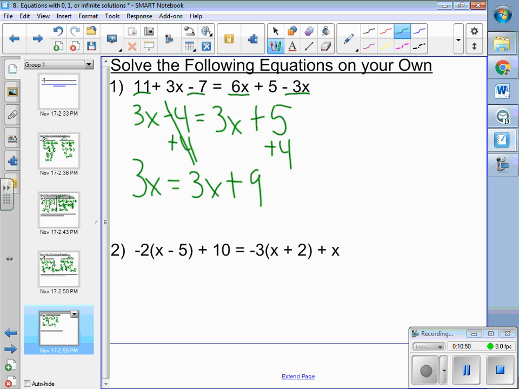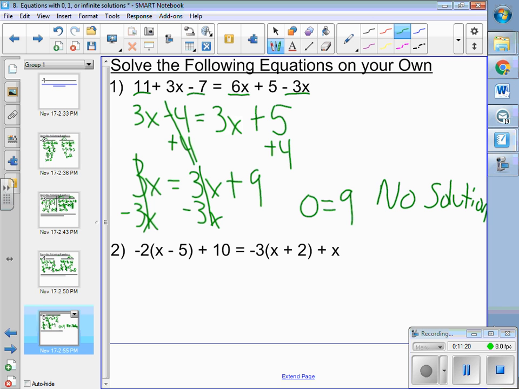Now let's get our variable terms together. So I'm going to subtract 3x from here, 3x from here, and those are both going to cancel, leaving us with 0 equals 9, which means no solution. Okay?